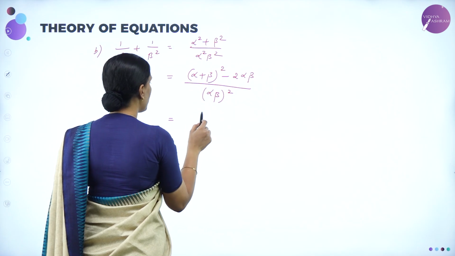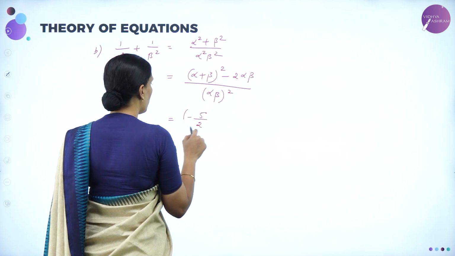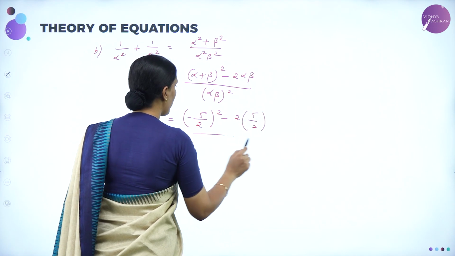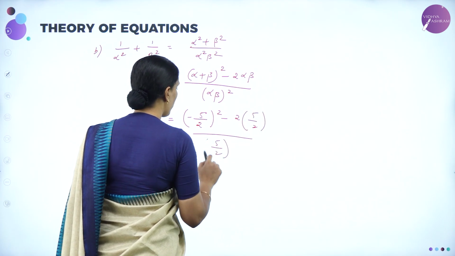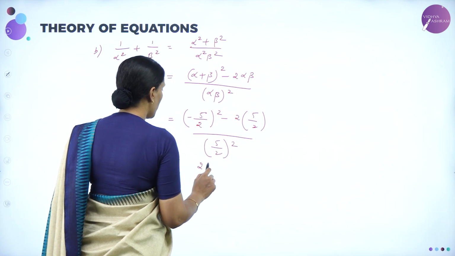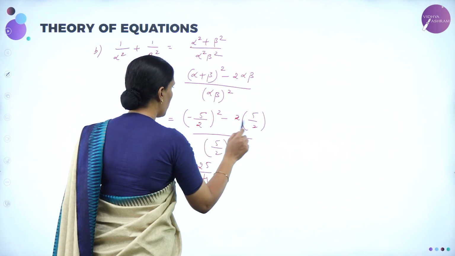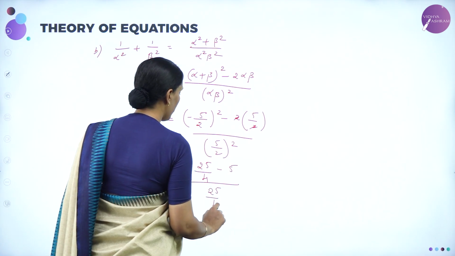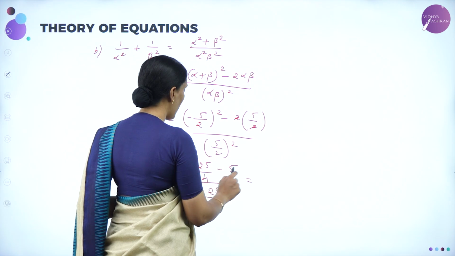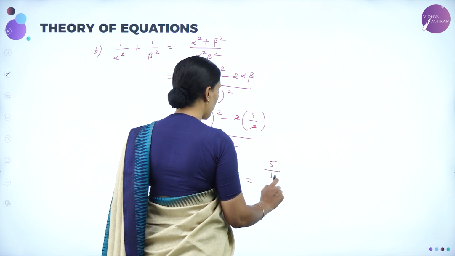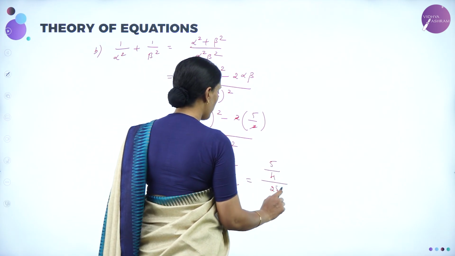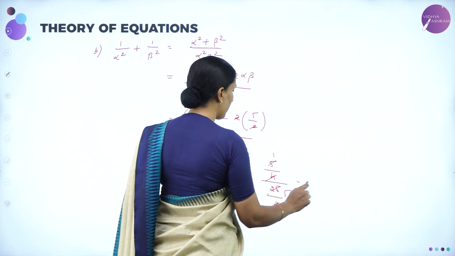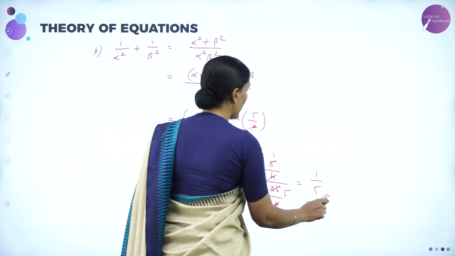Now alpha plus beta is minus 5 by 2, whole square, minus 2 into 5 by 2, divided by 5 by 2 whole square. So this is 25 by 4, 2 gets cancelled, minus 5 and here again 25 by 4. Now this is 25 minus 20, so 5 by 4 divided by 25 by 4, 4 gets cancelled, 5 ones are 5, 5 fives are 25, the value is 1 by 5.